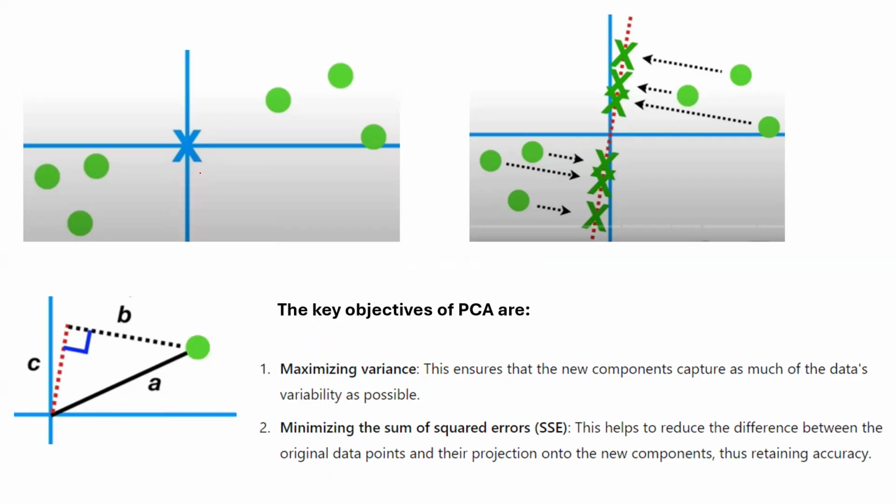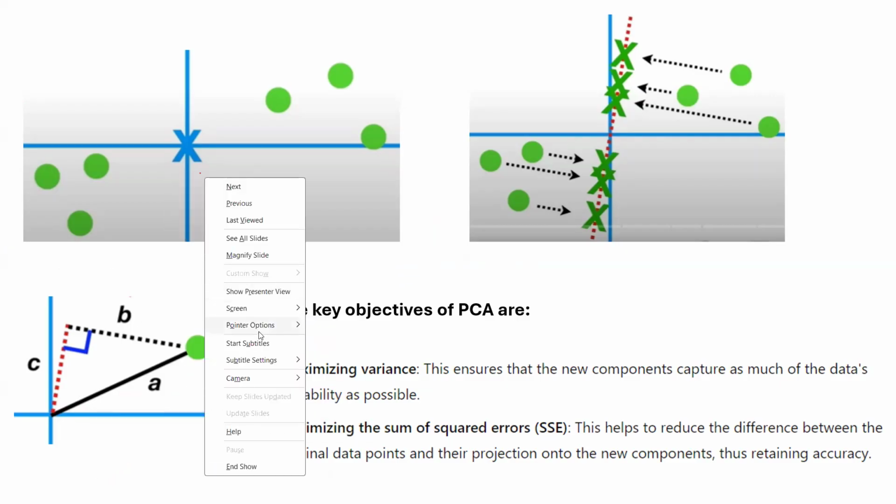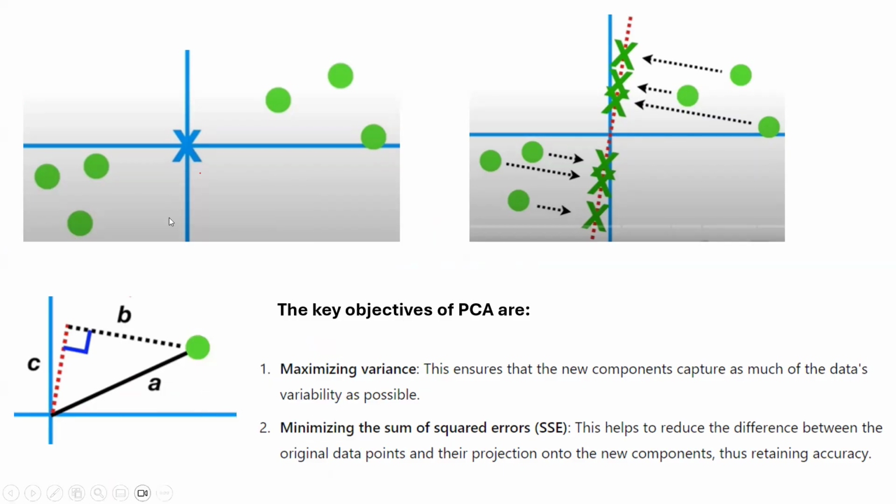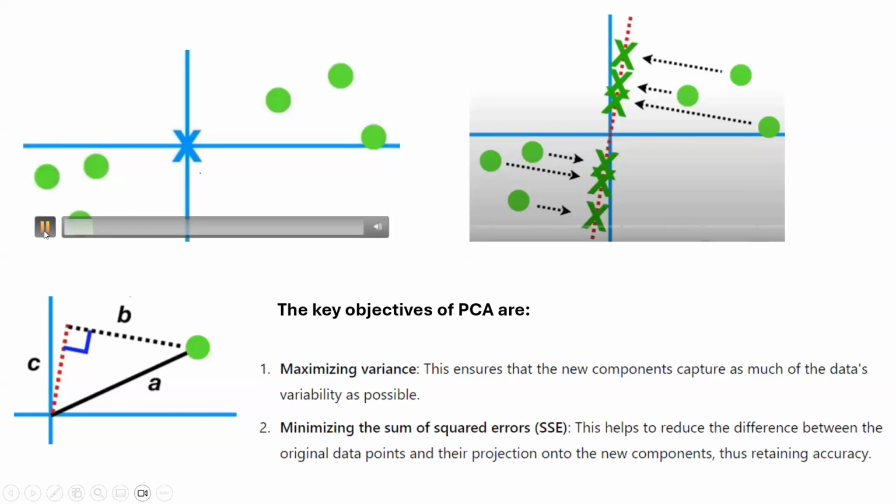We are trying to find a new dimension which will rightly represent this data set. I'm trying to find a new component which covers the most variance, or spread, in the data. So this is the two-dimensional representation of my data set.